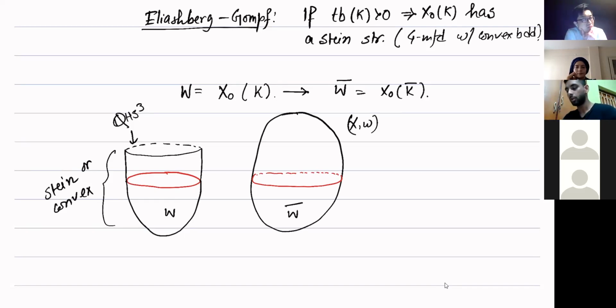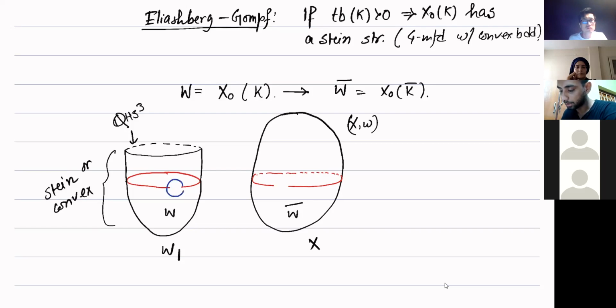Now we can use this non-vanishing result, right? So let's say this is my W bar, this is my X. Since our invariant doesn't vanish under connected sum, I now have the freedom to take a connected sum. So let's connected sum.